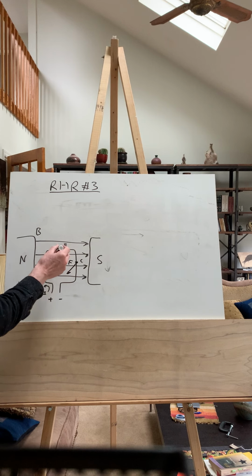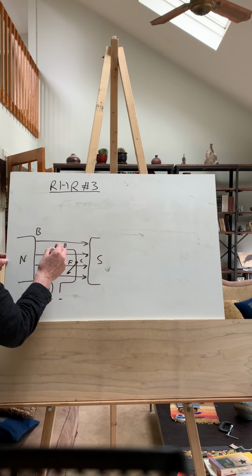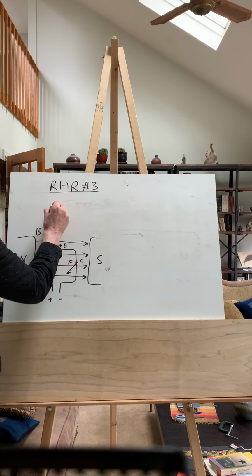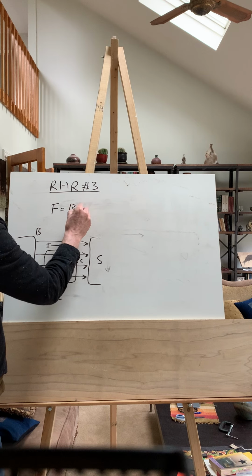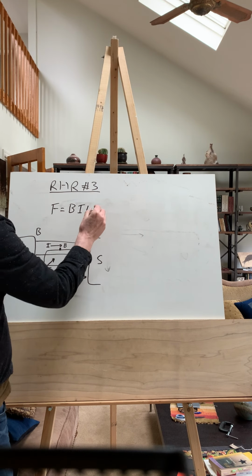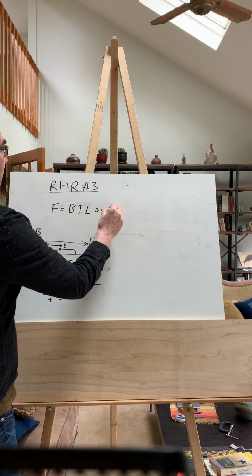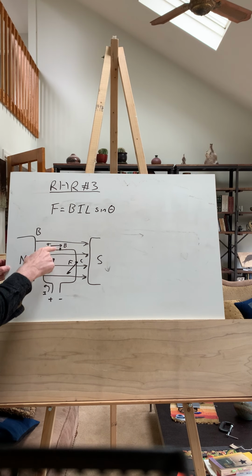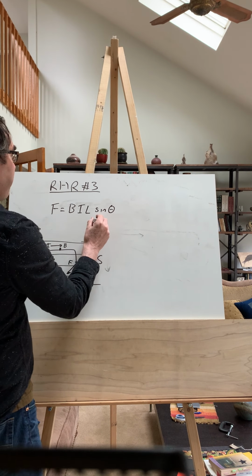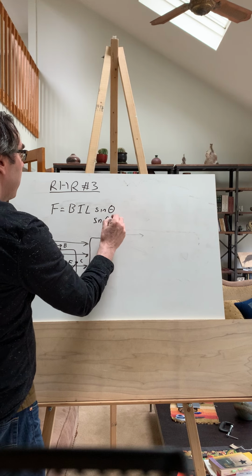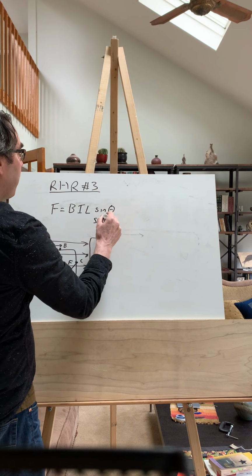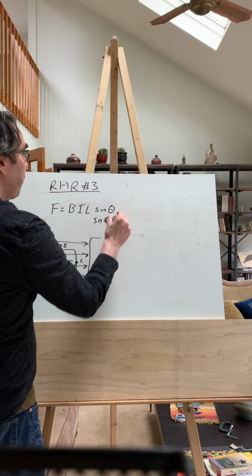Now, up here at B, though, an interesting thing happens. The current is in this direction, and the angle between the current and the field is 0. And we know that the force equals field times current times the length of wire times the sine of the angle theta between the movement and the field. And the sine of theta, or I'm sorry, the sine of 0 degrees equals 0.